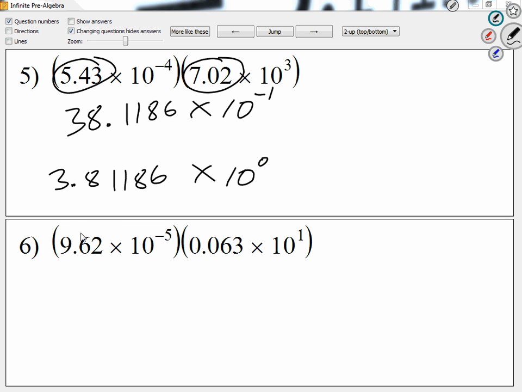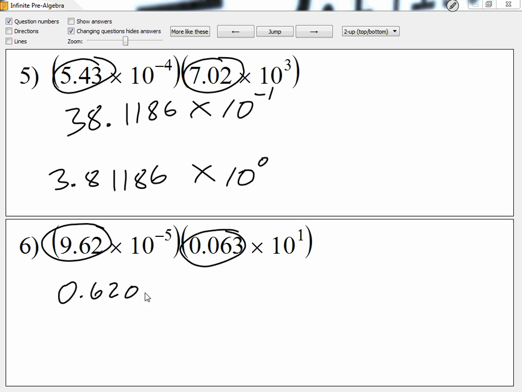Alright, let's take a look at number 6. 9.62 times 0.063. What do you guys get? 0.60606.